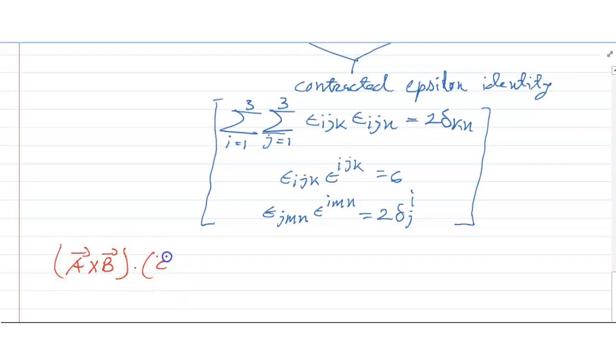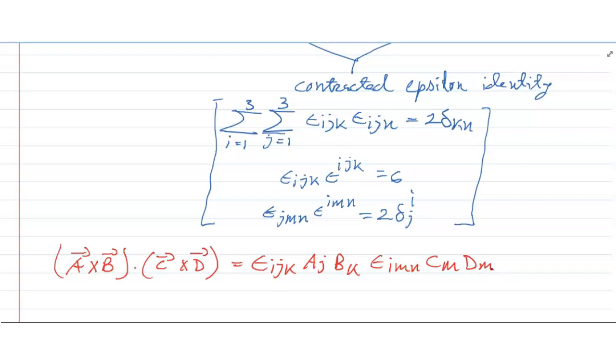I apply this identity: A cross B dot C cross D equals epsilon ijk aj bk and epsilon imn cm dn.